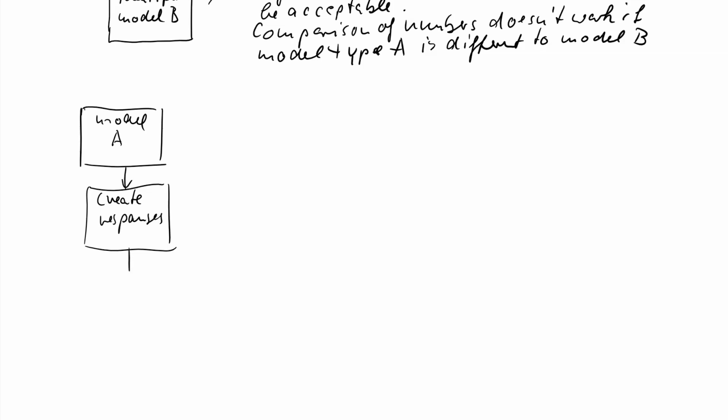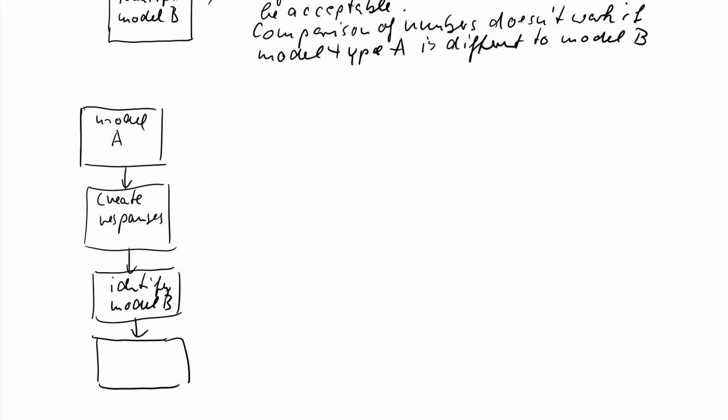Then identify a model B. Then we design a controller with model B. On the basis of model B, design a controller. I call this controller B. And then test.